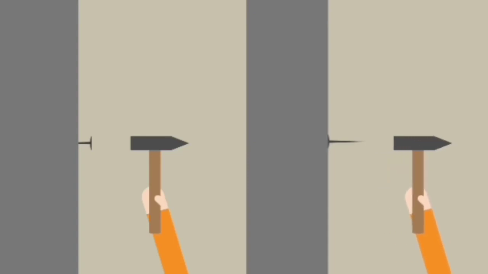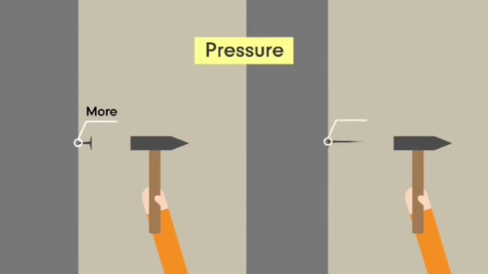This is because the pressure applied by the tip of the nail on the wall is more than the pressure applied by the nail's flat surface. But the question is why?